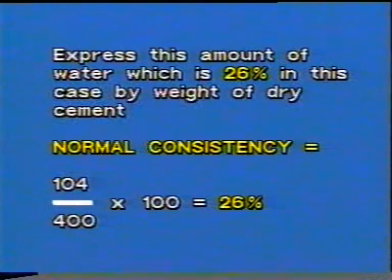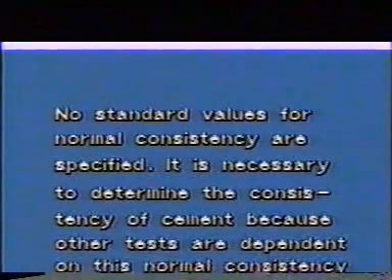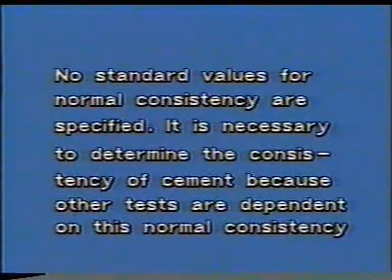Normal consistency is equal to 104 divided by 400 multiplied by 100, which is equal to 26%. No standard values for normal consistency are specified. Therefore, it is necessary to determine the consistency of cement because other tests are dependent on this normal consistency.